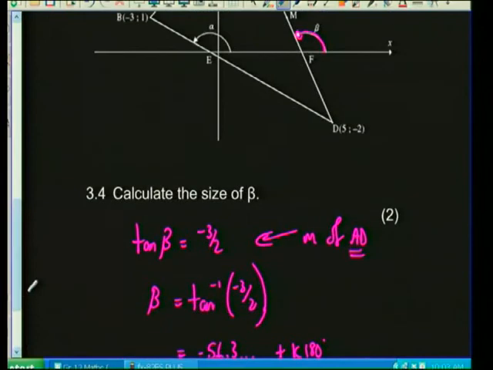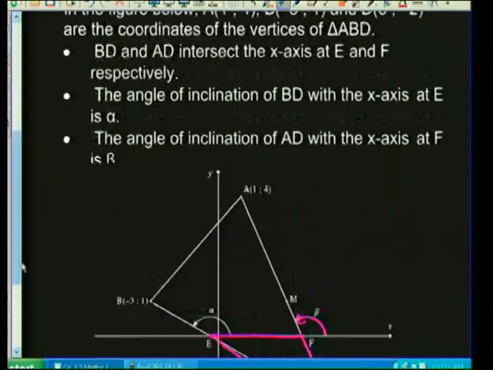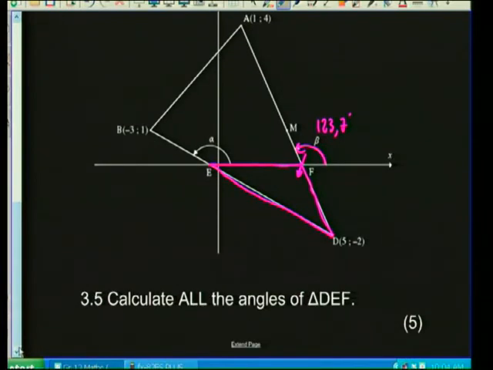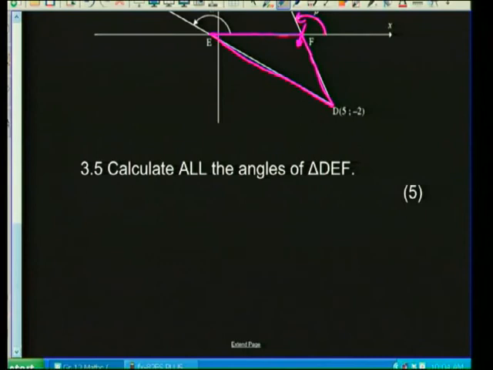Beta was 123.7. So I know that I've got over here 123.7, which means this part in here, that part EFD will be 123.7. So straight away, I'm going to give myself some easy marks. So I'm going to call it EFD.